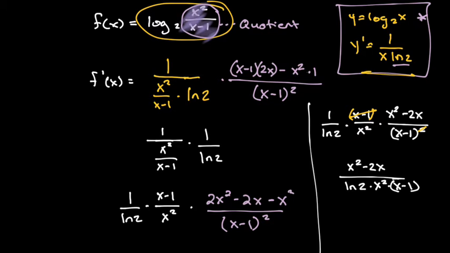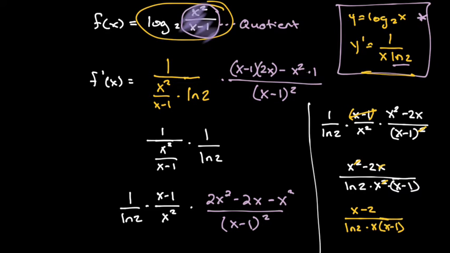That's still all grouped. Again, I realize there's a factor of x in the top that I could factor out, and there's a factor of x in the bottom. So I'm going to cancel out one of those factors of x, and that leaves me with x minus 2 all over ln of 2 multiplied by x times x minus 1, which isn't so bad.